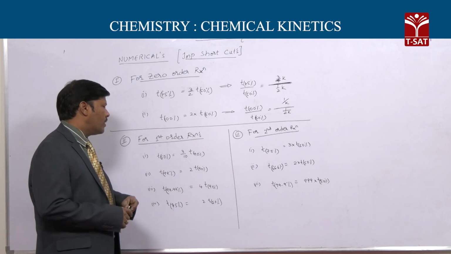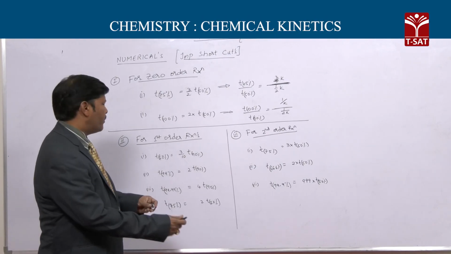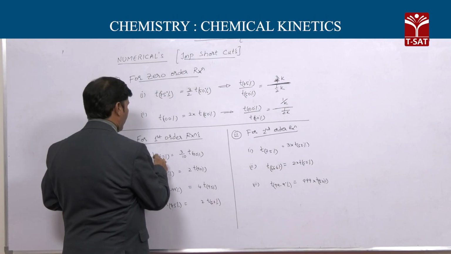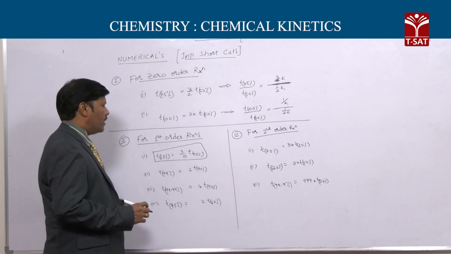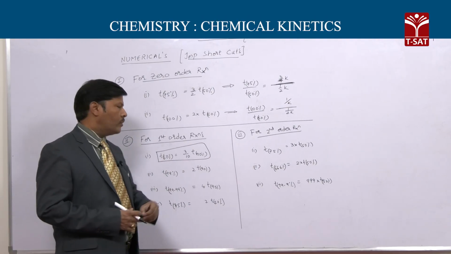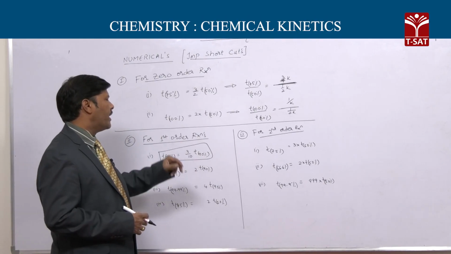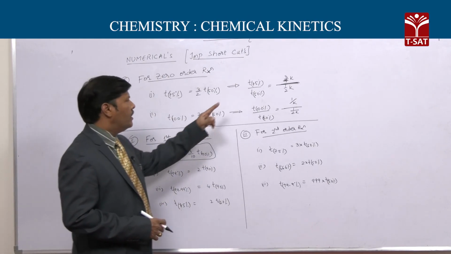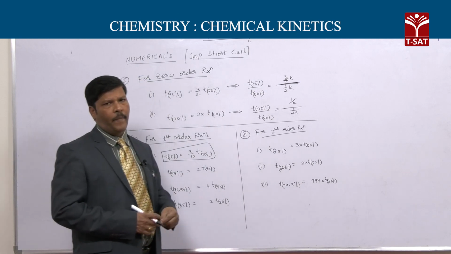For example, in first order, let us prove this case. T50% is equal to 3 by 10 into T of 90%, as I already gave you the relationship. In the zero order, we have already derived it using the expression.